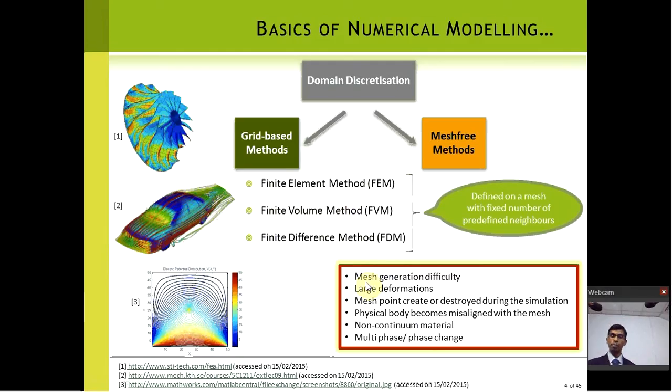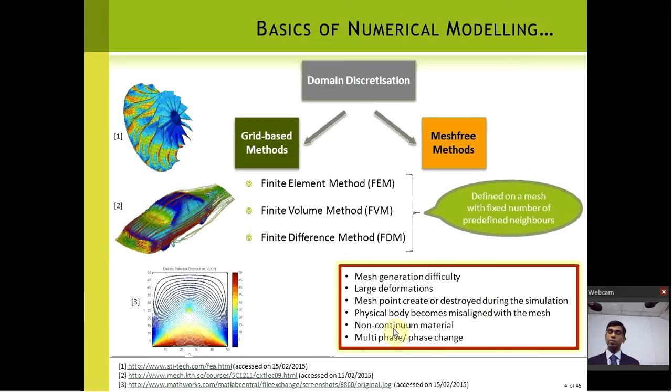For example, if we were to model a complex physical system, the mesh generation is very costly. It takes days and days to get the first mesh done. It's very difficult. And sometimes if we experience large deformations, or for example cracking, if our object cracks, the mesh can be destroyed or mesh points can degenerate, which leads to failure of the model, which is costly.